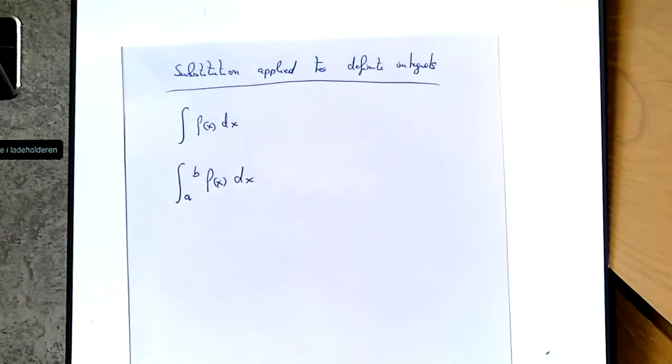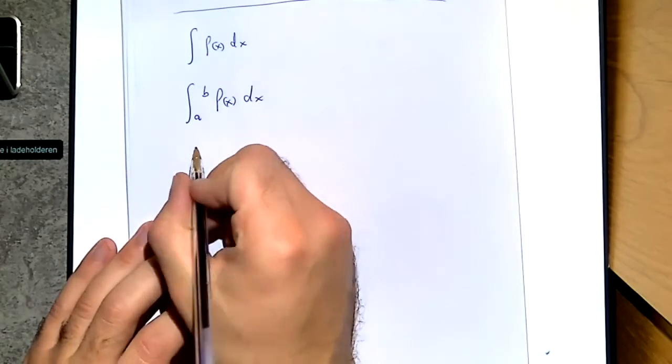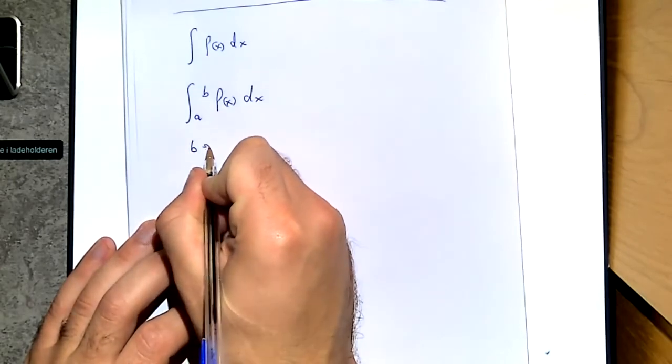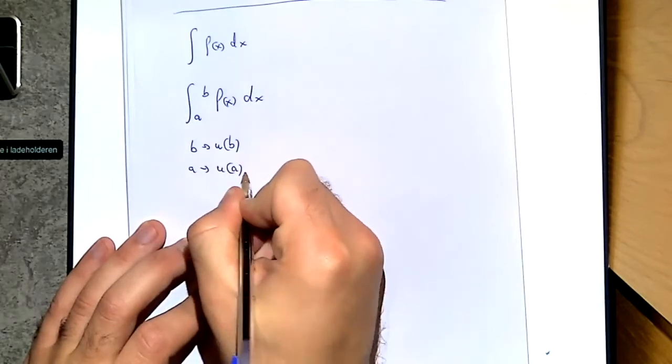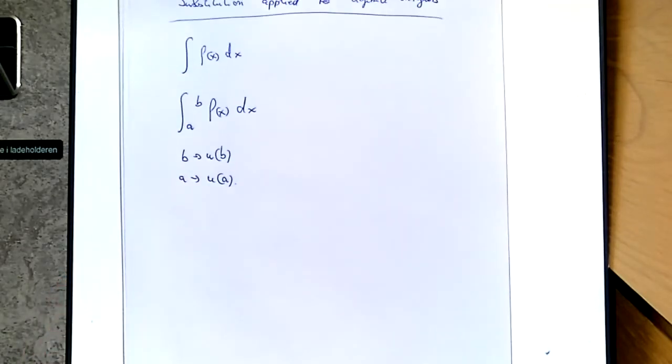The only difference is that b is going to become u of b, and a is going to become u of a. That's literally the only thing that's going to change. And there's another thing, but I'll tell you once we get there.